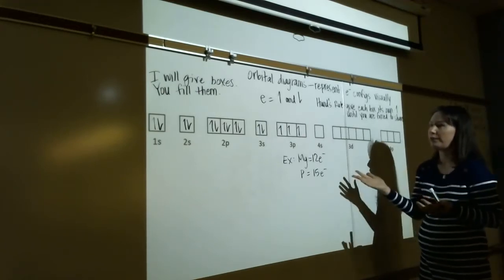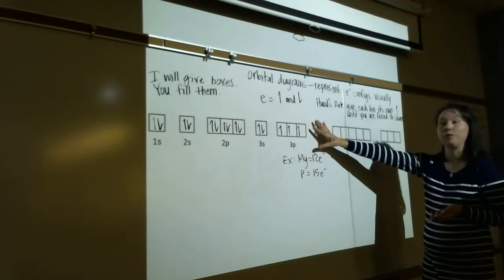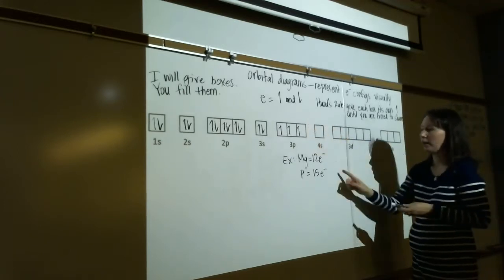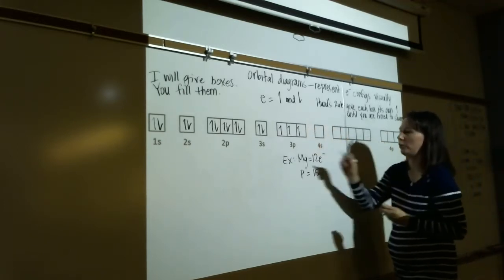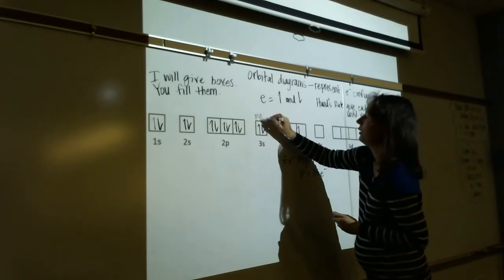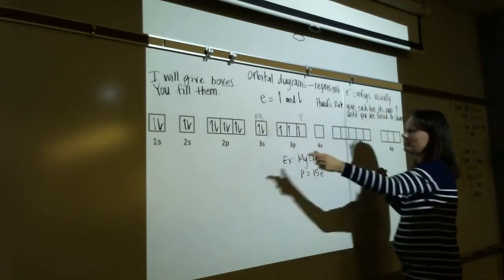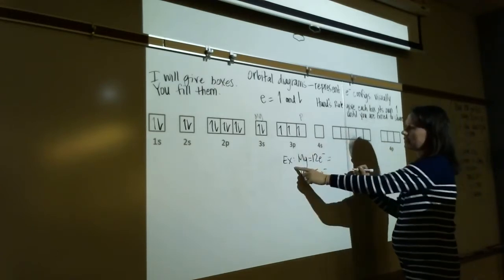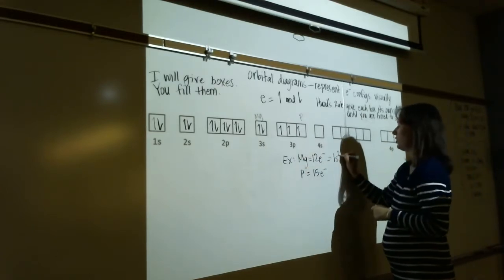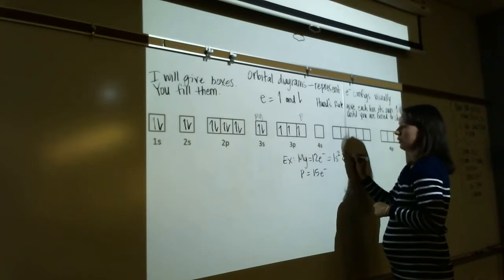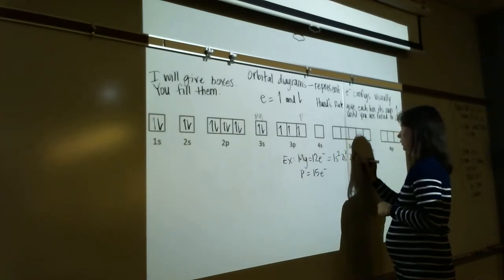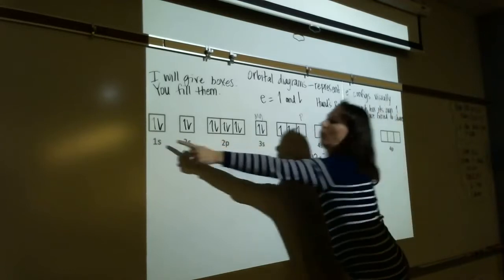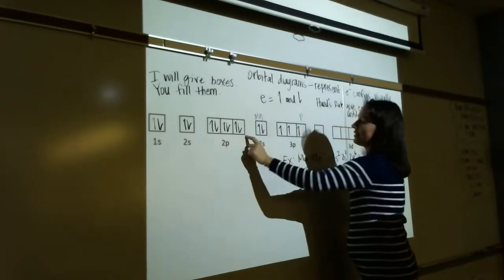So an orbital diagram is just a visual representation. And by the way, this is where magnesium stopped. This is where phosphorus stopped. This matches the electron configuration exactly, right? Because magnesium's electron configuration is 1s2, 2s2, 2p6, 3s2.